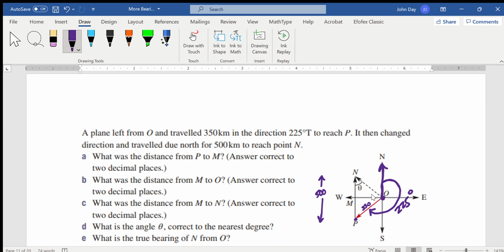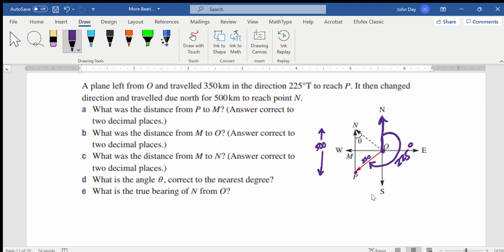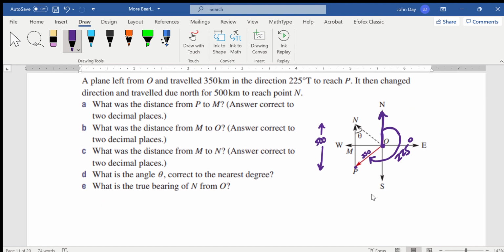Okay, the first question they ask is, what is the distance from P to M? So we need to peel off a triangle here. We've got O, M, P that we're going to work with, and we have to find this distance that I'm colouring in blue here, the distance from P to M. Now, what information have they given us in that triangle?